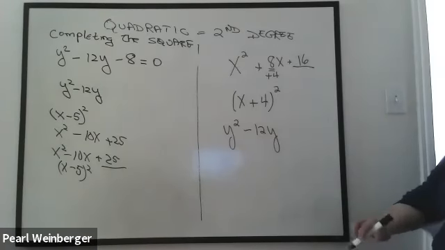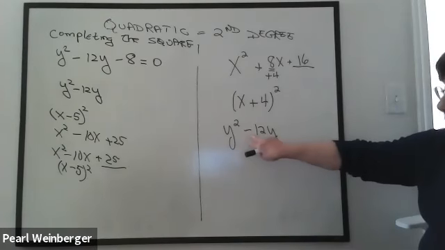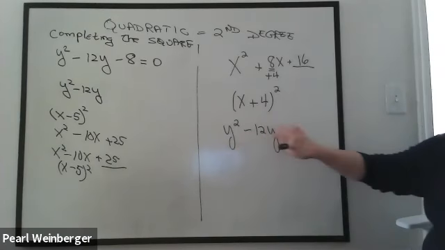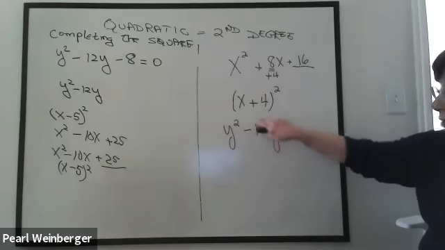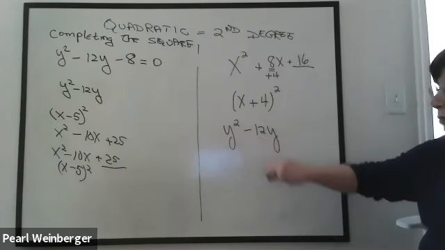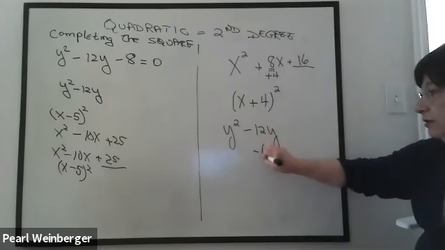Okay, let's see if we can do this together. Remember what my steps are. I only have two terms of the trinomial. I want to get the third term. What I do is take the number in front of the x or the y, whatever the middle term is going to be, and divide it by 2. That gives me negative 6.